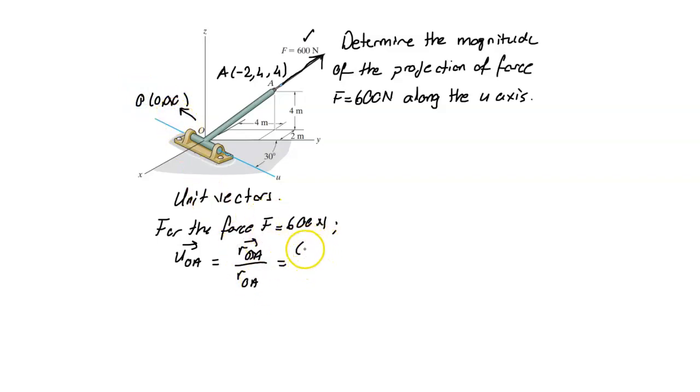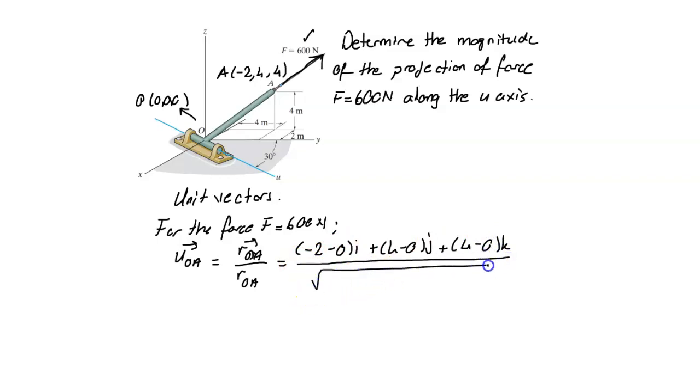Okay, so it's quite straightforward actually. So that's -2 minus 0 I plus 4 minus 0 J and 4 minus 0 K, over the square root of these values squared: -2 minus 0 is -2 squared, plus 4 minus 0 is 4 squared, plus 4 minus 0 is 4 squared.